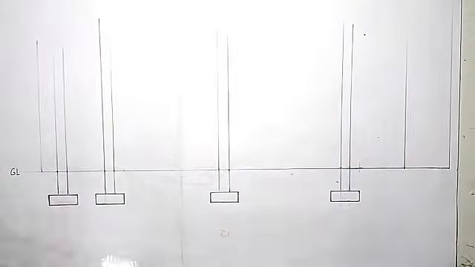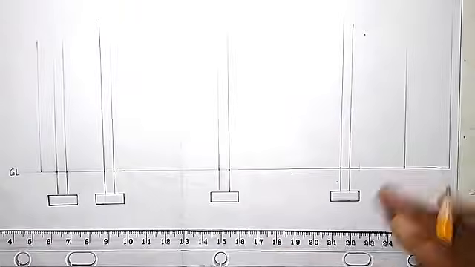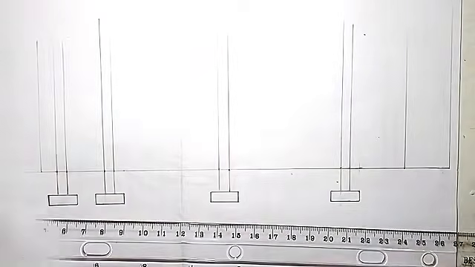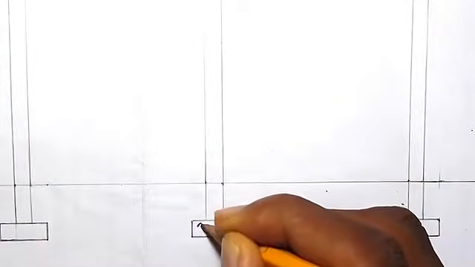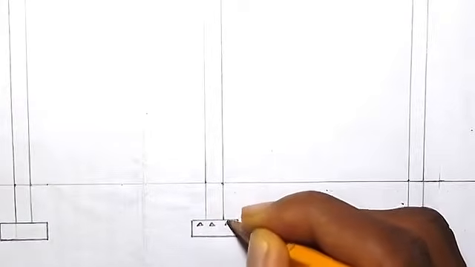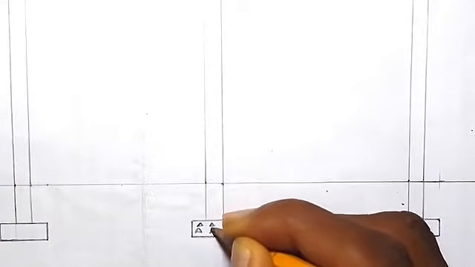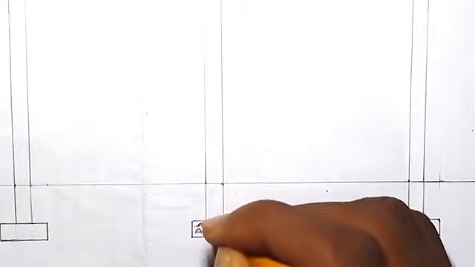So after drawing that, the sign we use for the column base indicates it is a column base. You just draw a triangle like this. So that's how we indicate it is a column base. They will put dots, dots, dots. So this is for the sand.